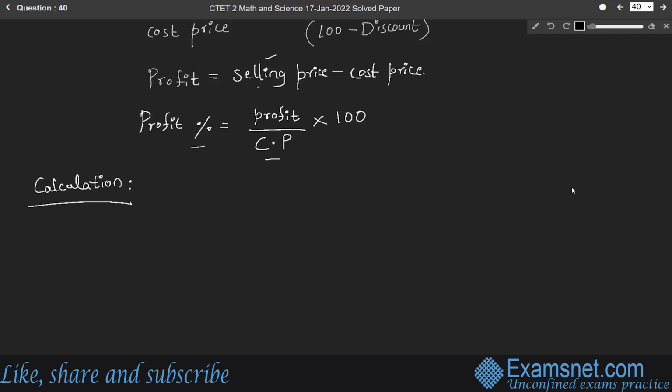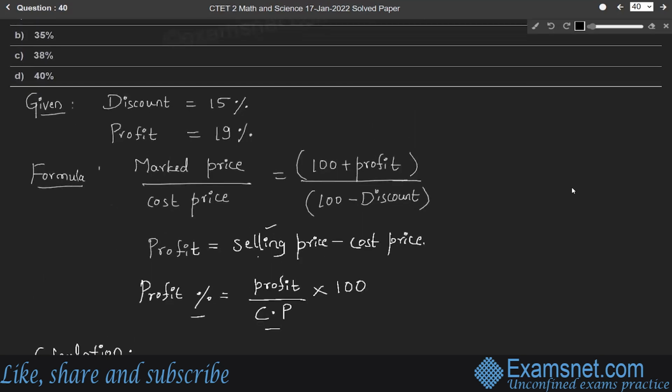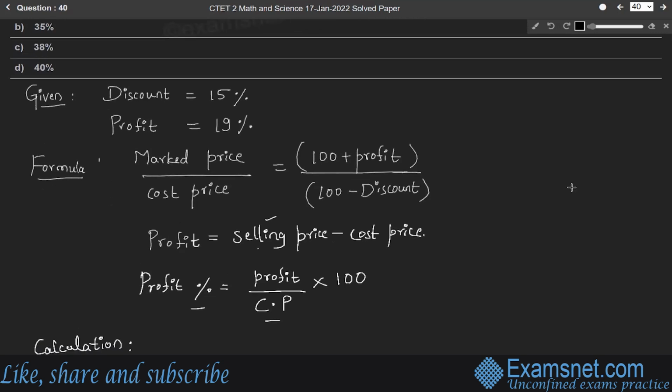Here, market price by cost price. So, the calculation part will be written here only. So, market price by cost price ratio. According to the formula, 100 plus profit.